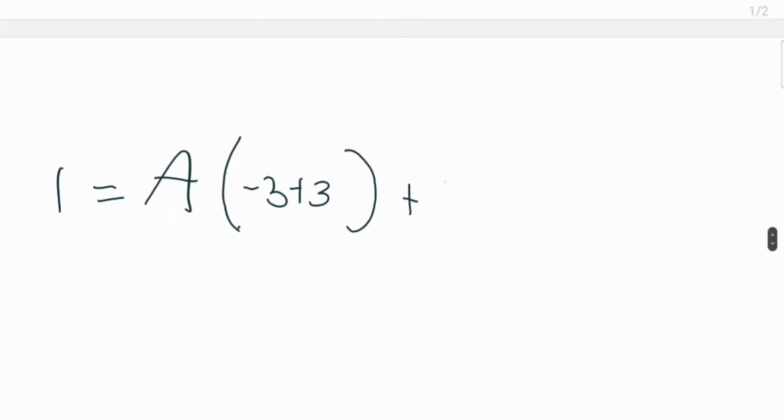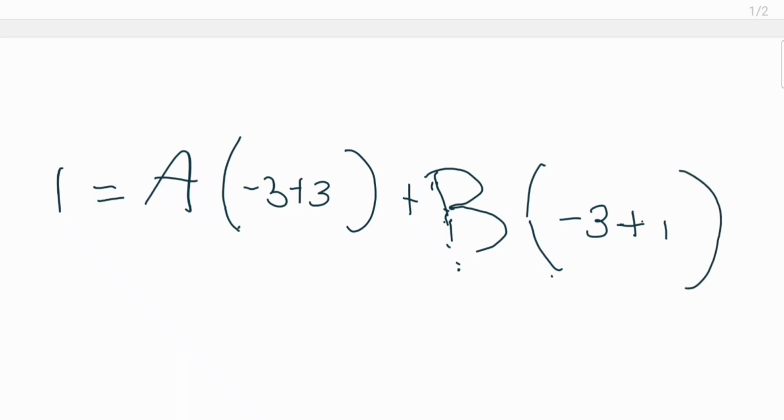Okay, so that means that 1 is equal to a times (-3 plus 3) plus b times (-3 plus 1). Alright?